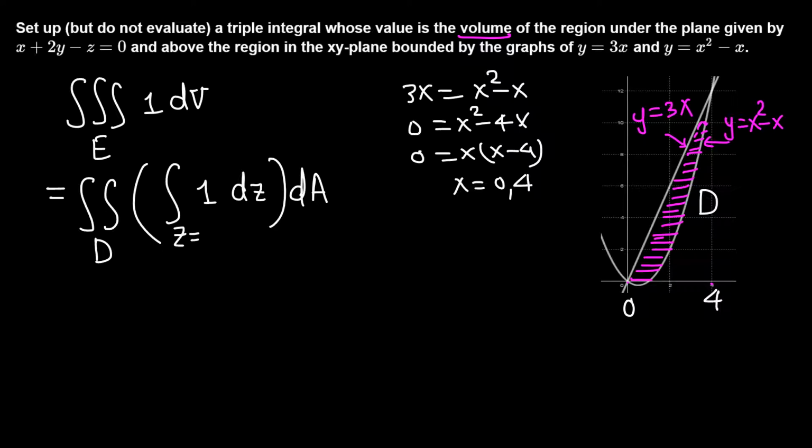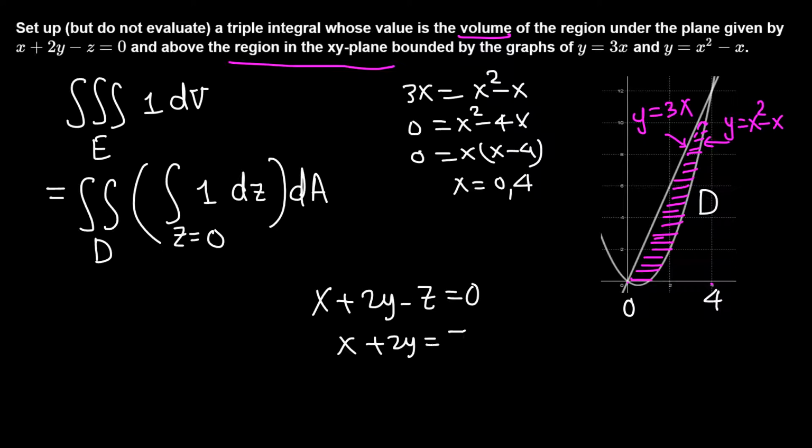The bounds for z are, this is above the xy plane, that means the lower bound is 0, and below this plane, so we have x plus 2y minus z equals 0. That means move z over, so x plus 2y equals z. So this is the upper bound for z, x plus 2y.